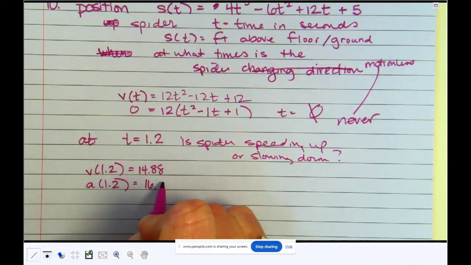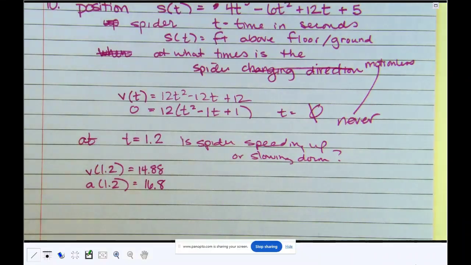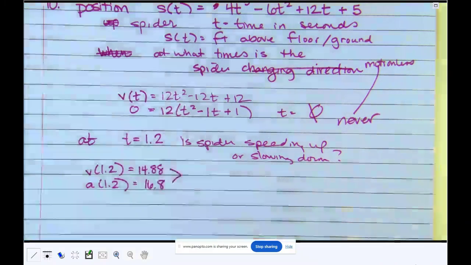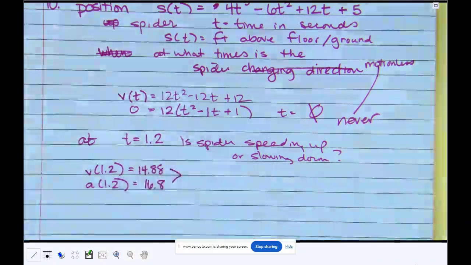Yep. So speeding up or slowing down? Speeding up. How do we know? Signs are the same. Two positives, speeding up. Two negatives, speeding up. It's just directional. It's speeding up in the downward direction. Opposite signs, slowing down, because velocity and acceleration are acting against each other.